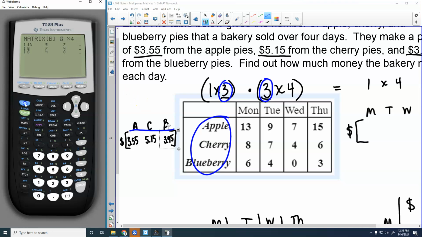Alright, then if you press second mode, it'll take you back to the main screen. And to get the matrices to come up, you're going to do second matrix A times second matrix, go down and pick B, and then hit enter. And it should give you your answer.